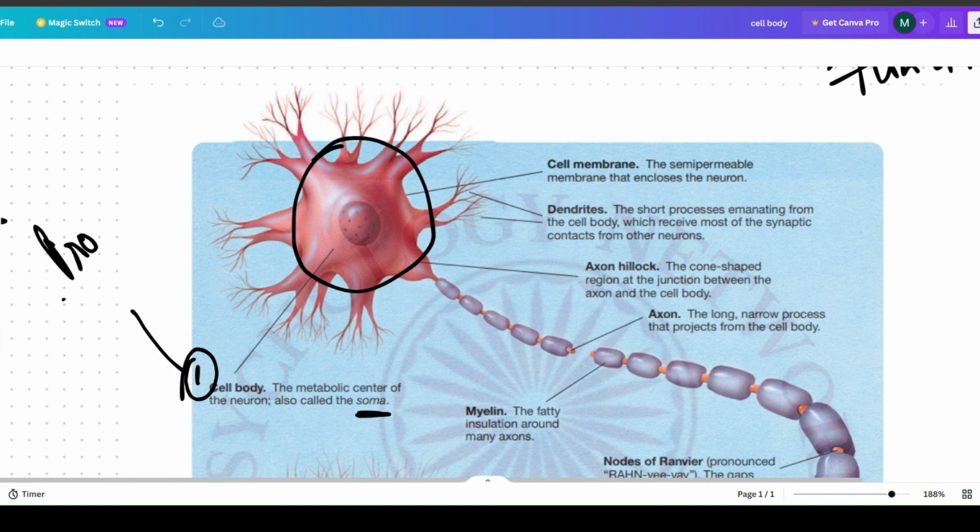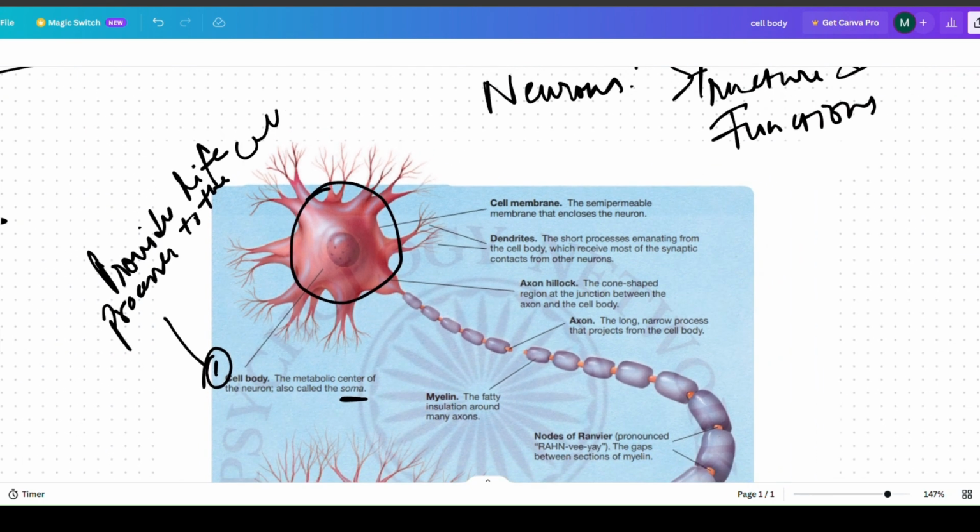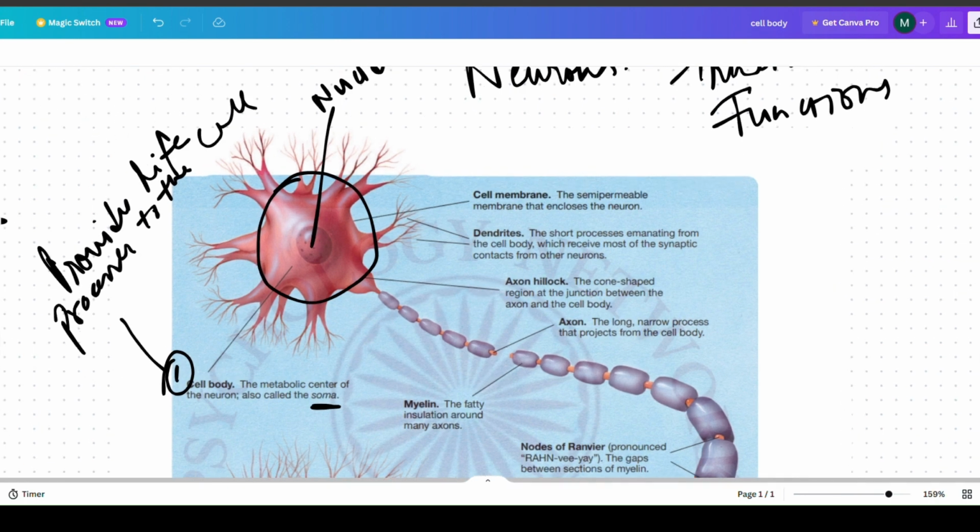It provides life processes to the cell. Also, it contains the nucleus. It also contains other things as well, like mitochondria.